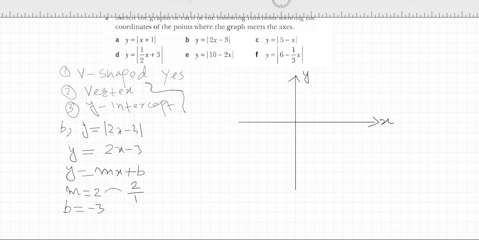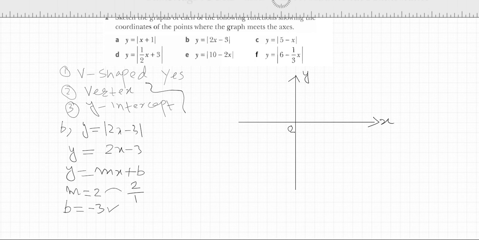Now, in order to plot a graph of a straight line, first look at the origin. This is the origin where the x and y axis both cross each other, and focus on the y-intercept. In this case, the y-intercept is -3. So I am taking 1 square as 1 unit.